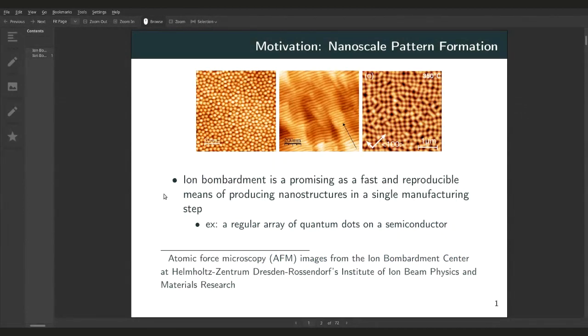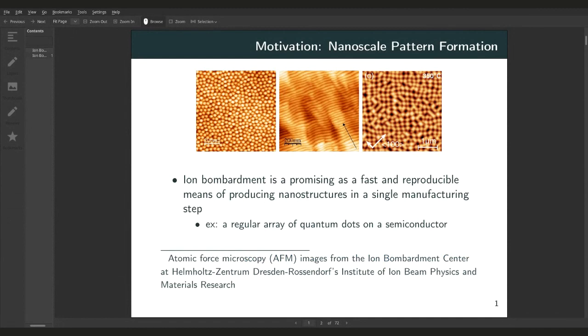We have this maybe disordered hexagonal array of dots, and we get ripple patterns and this checkerboard pattern, to varying degrees of order and defects.